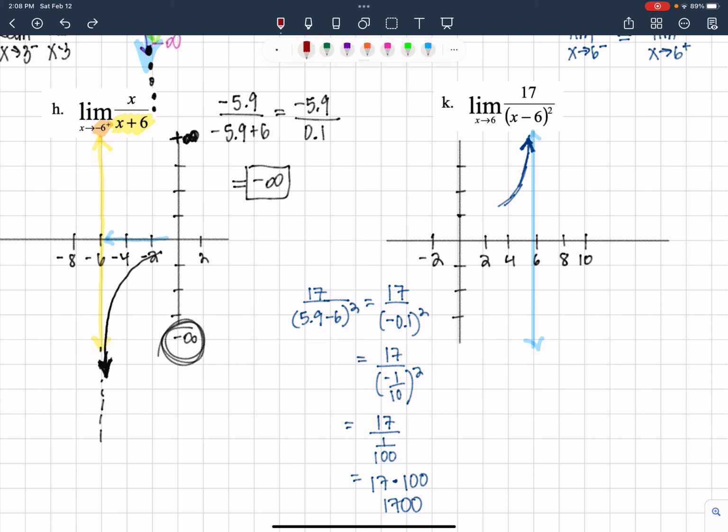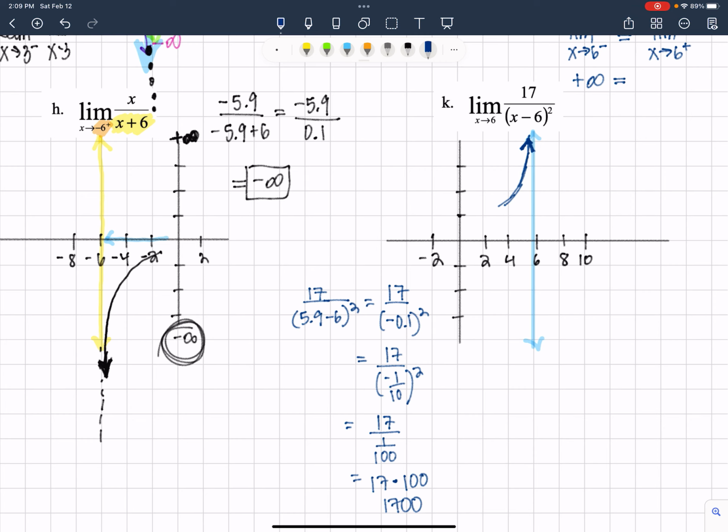Actually, I'm going to put positive infinity right here, and I'm hoping that the right-hand side is going to equal the same exact thing, positive infinity, because if they are both approaching positive infinity, then we can say that that's exactly what the limit is as x approaches 6, because it's doing the same thing on the left as it is on the right.